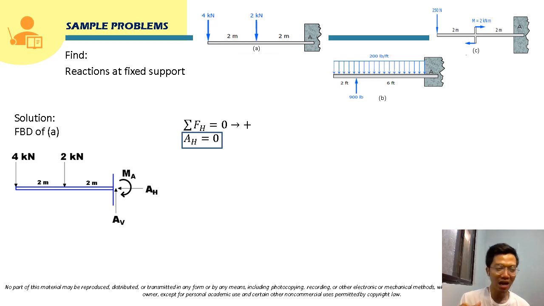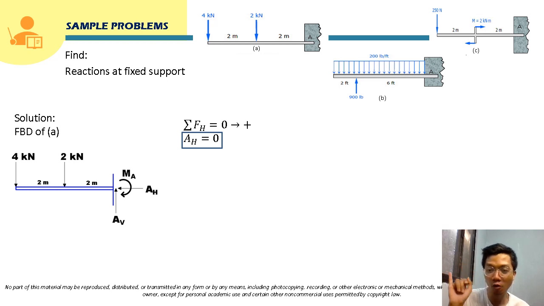I just put the summation of forces horizontal here so that you don't get used to not solving it, but you don't really need to put it, because obviously this will just be equal to 0.